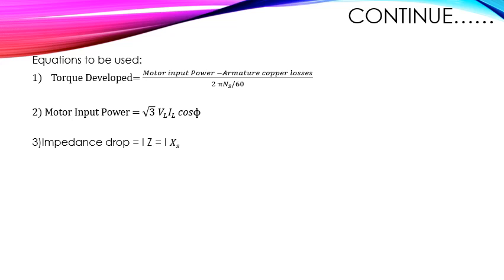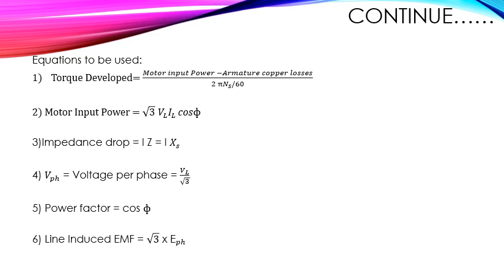Then impedance drop equal to IZ, and that is equals to IXS, because here armature resistance is neglected, that's why the impedance is equals to the synchronous reactance. Then phase voltage, that is equals to VL by root 3. Then power factor, that is cos phi, and then line induced EMF equal to root 3 times the phase EMF.